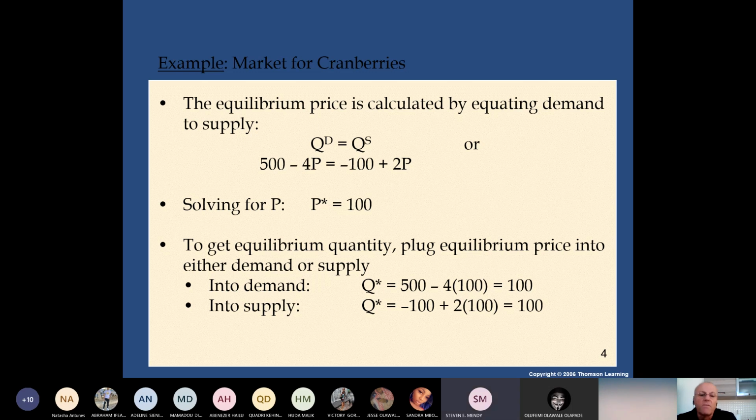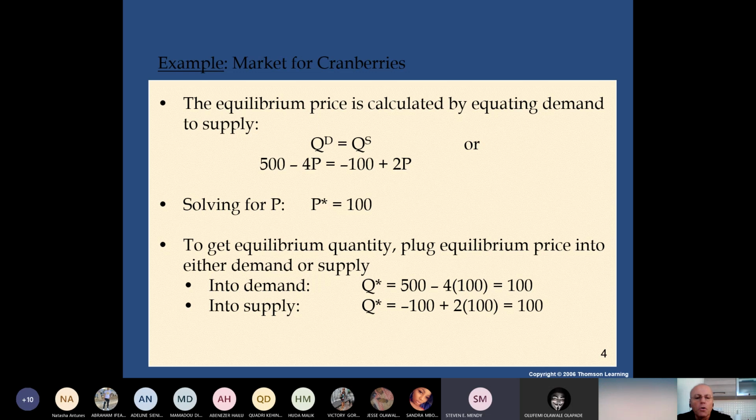When you move minus 4p to the other side, it becomes positive: 2p plus 4p is 6p. Therefore, 600 divided by 6 gives us 100, which is the equilibrium price. Is it clear up to now? Yes, it's clear.